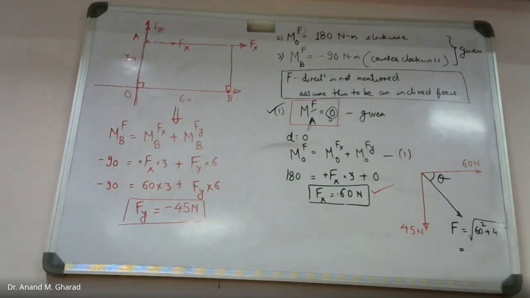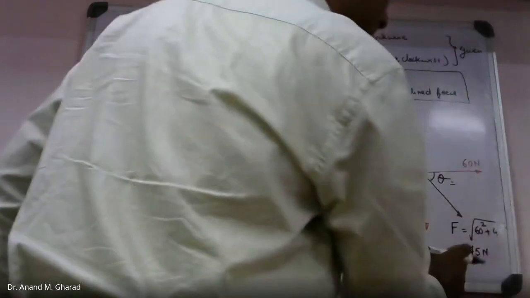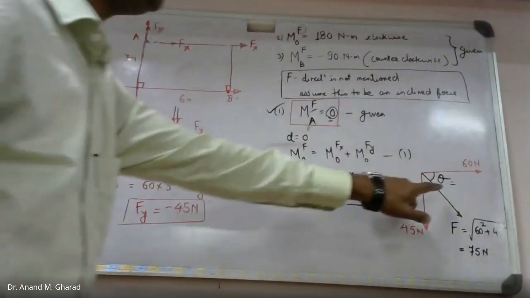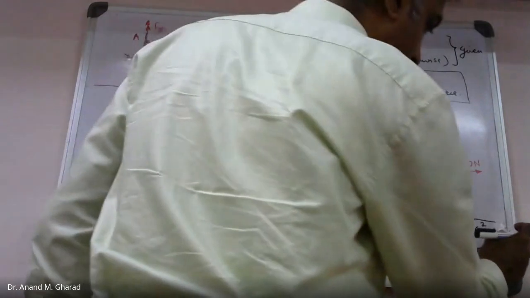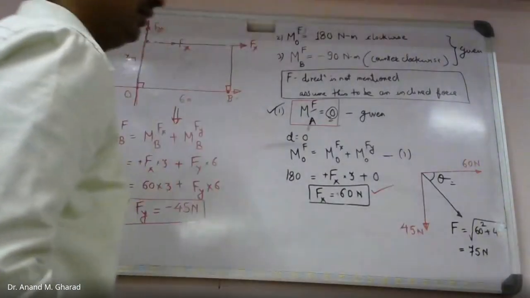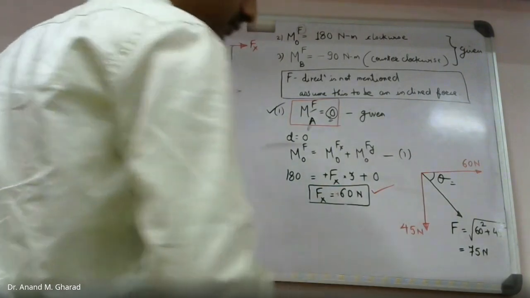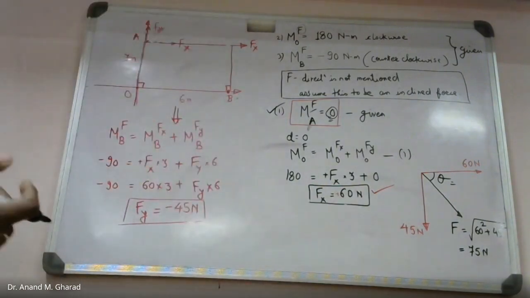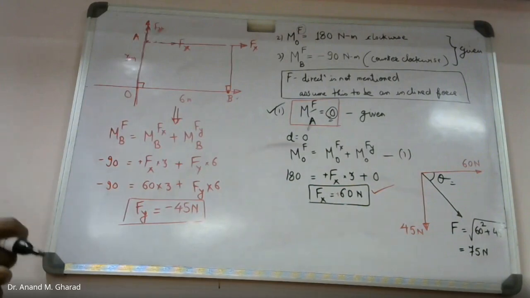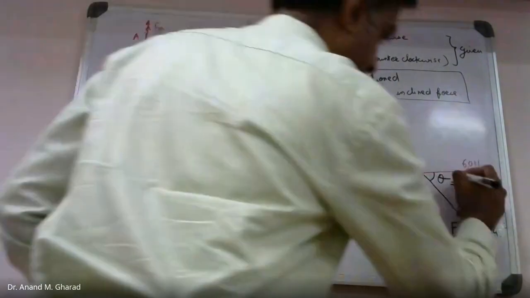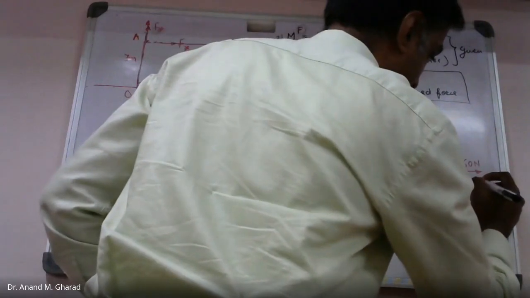Yes, what may be the value? 75 Newton. Okay, and since it is a vector quantity, it should have a direction also. So tan inverse of 45 by 60. How much? Correct, 36.87.